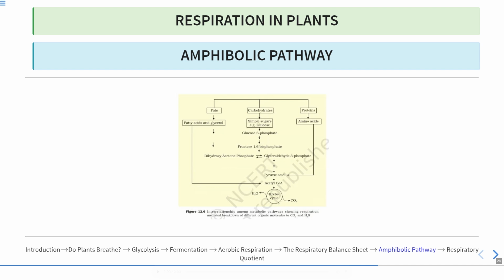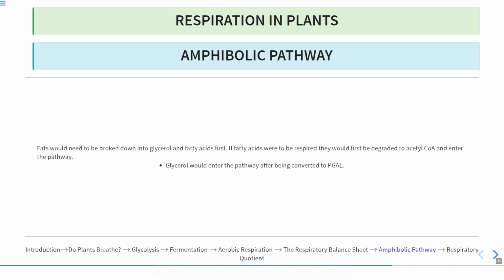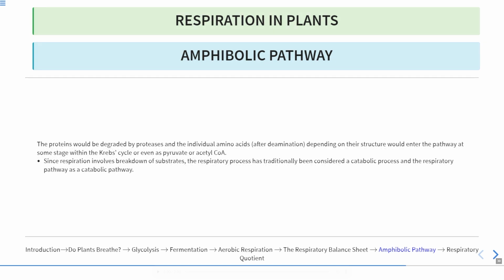So this is the amphibolic pathway, right? Fats would need to be broken down into glycerol and fatty acids first, and if fatty acids were to be respired, they would first be degraded to acetyl coenzyme A and enter the pathway. Glycerol would enter the pathway after being converted to phosphoglyceraldehyde. The protein would be degraded by proteases into individual amino acids, by the deamination process.